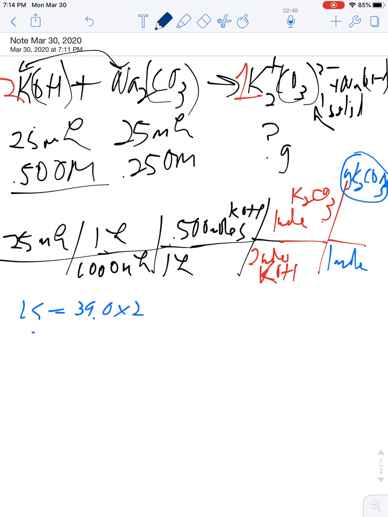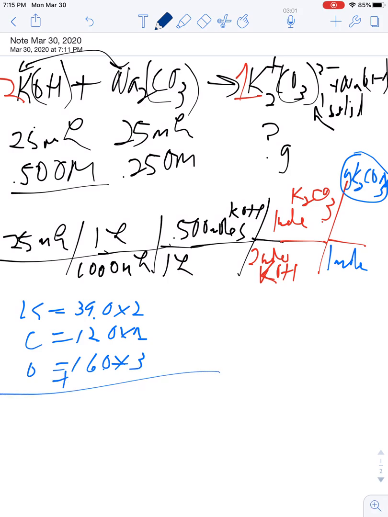There's 2 of them. Carbon weighs 12. There's 1 of them. Oxygen weighs 16. There's 3 of them. So when I add up that weight, it comes to 138 grams. That goes up there.